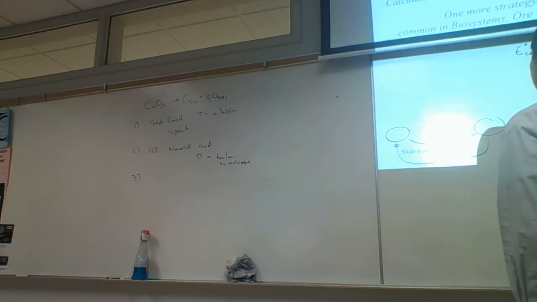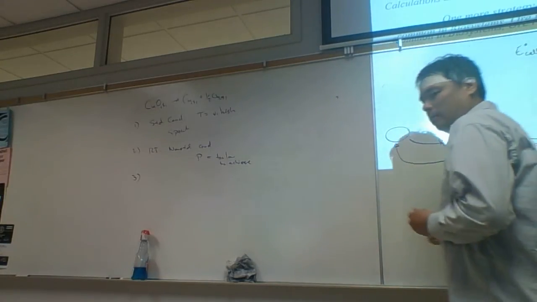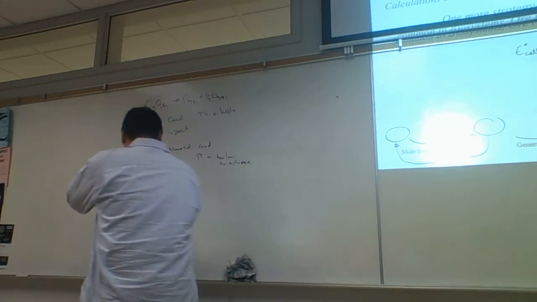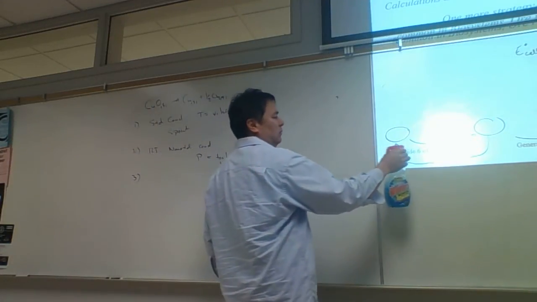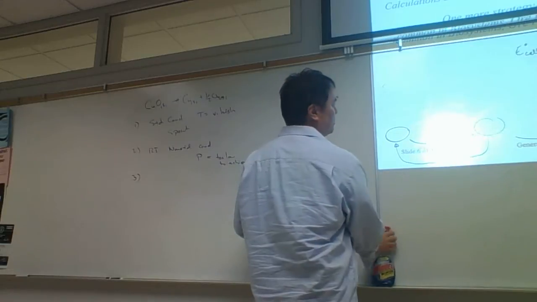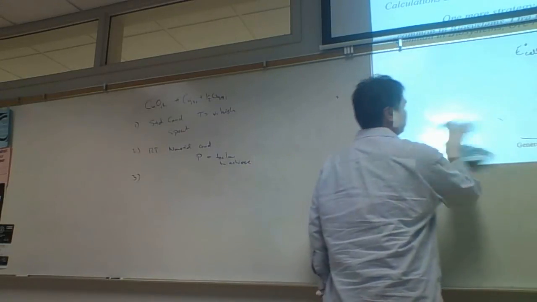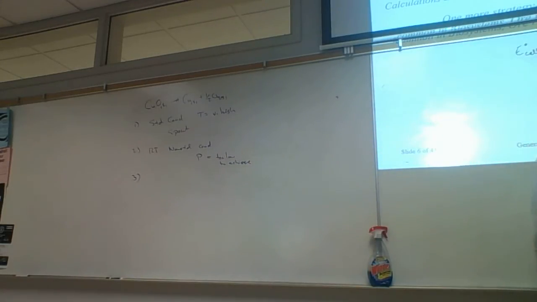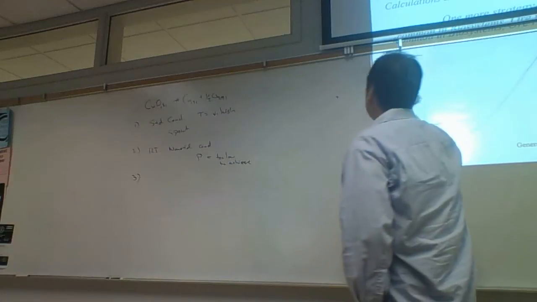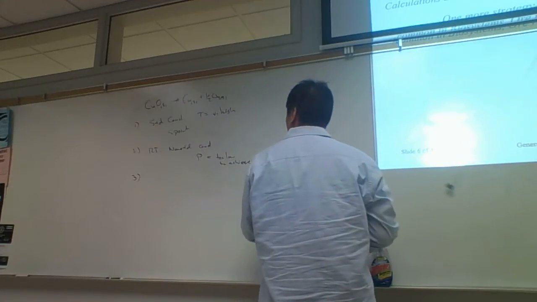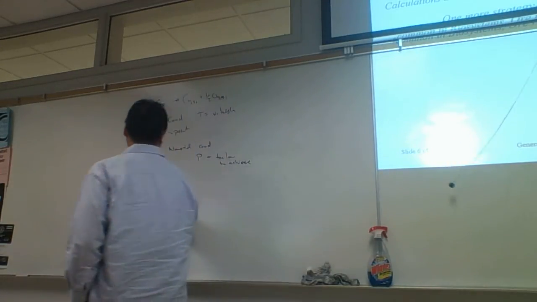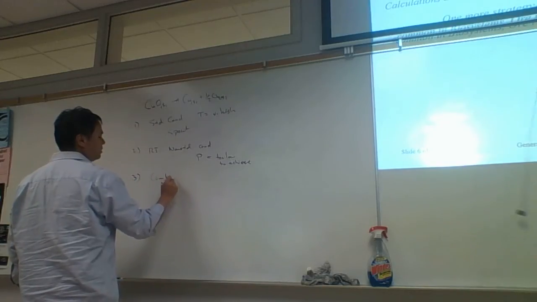And so what is a pressure that we can achieve without too much difficulty? If we look at our vacuum pumps, we probably can achieve like half an atmosphere, or half a bar. And so 3 was a combination of temperature and pressure.